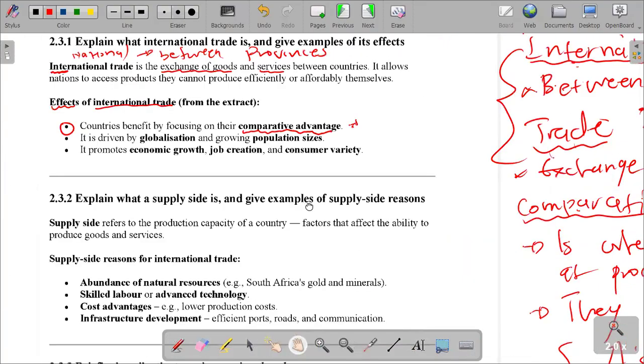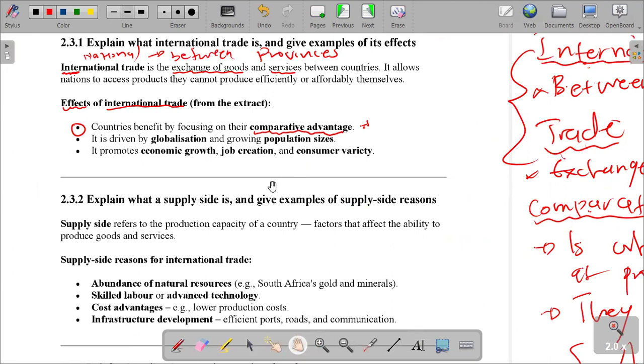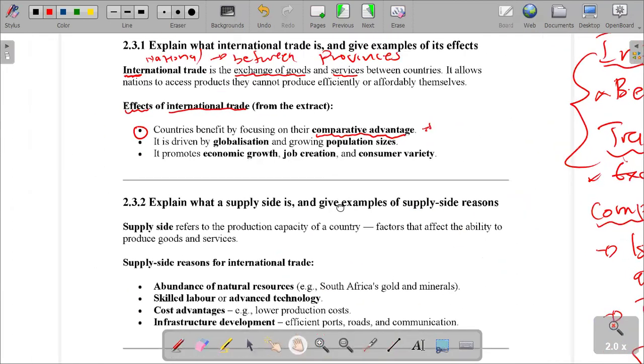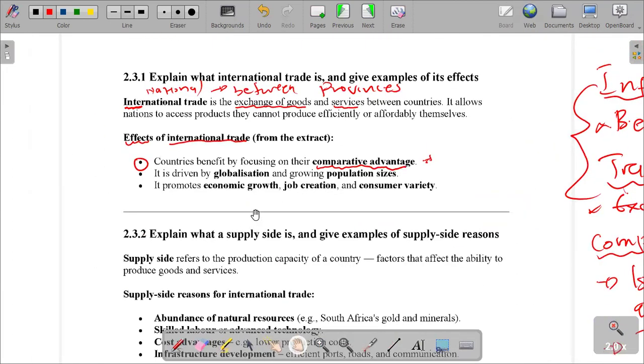It simply means that you will focus on the product that you are most good at producing so that you can be advantageous when it comes to your competitors, right? So that's the first effect of international trade, that countries benefit by focusing on the product that they are best known for. And then number two, it is driven by globalization and growing population sizes. So remember, as the world, we need to grow.